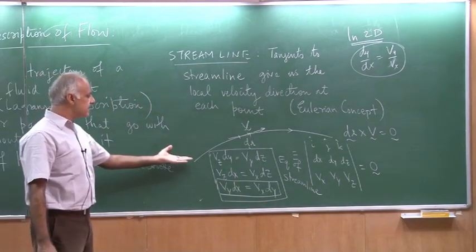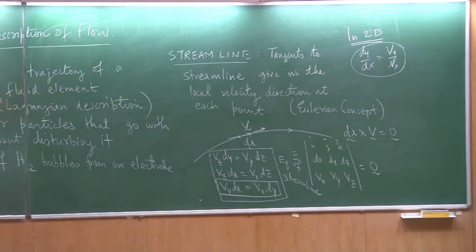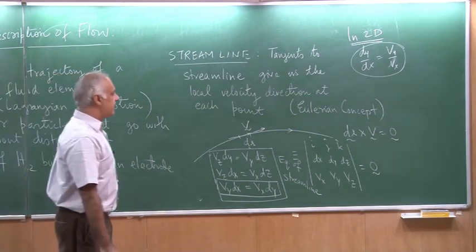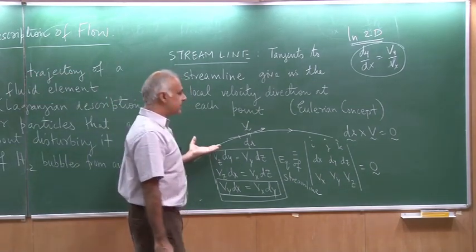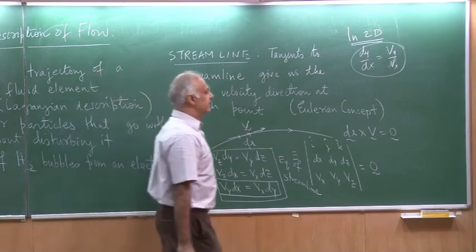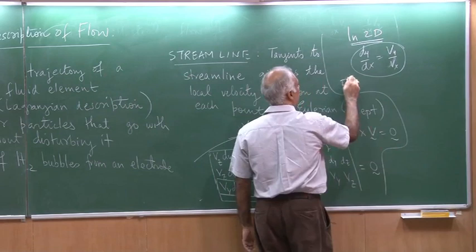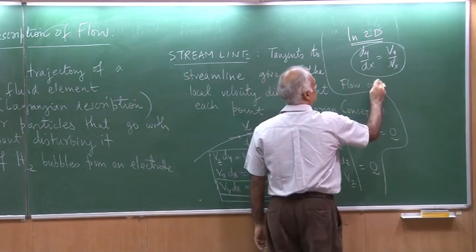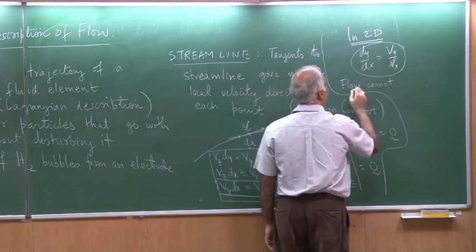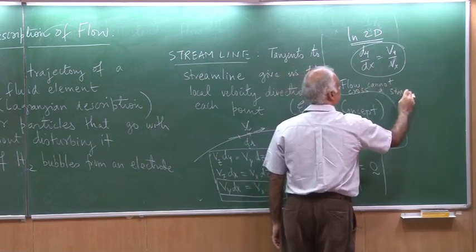This is in 2 dimensions, and I could get actually all these lines in 3 dimensions. So it's a very interesting concept, and you can see that by definition no flow can cross a streamline. So I am going to write that here, that flow cannot cross a streamline.